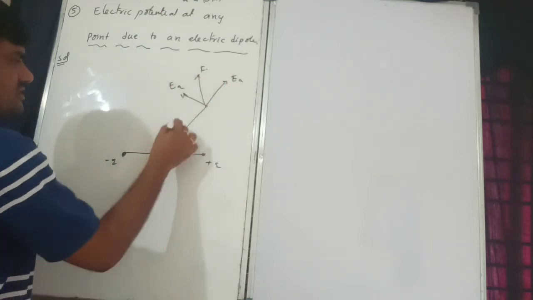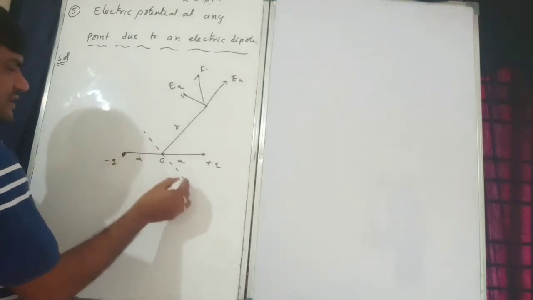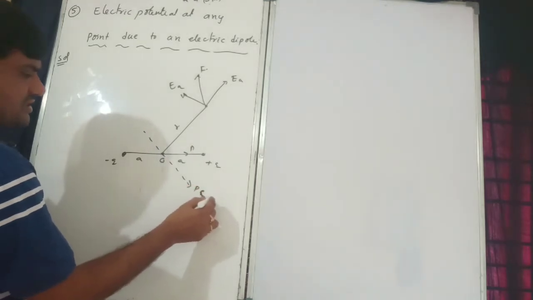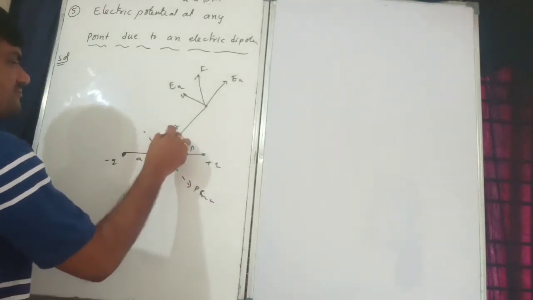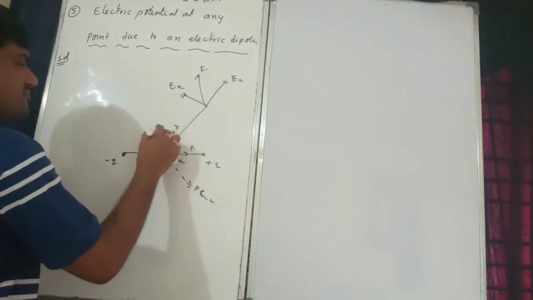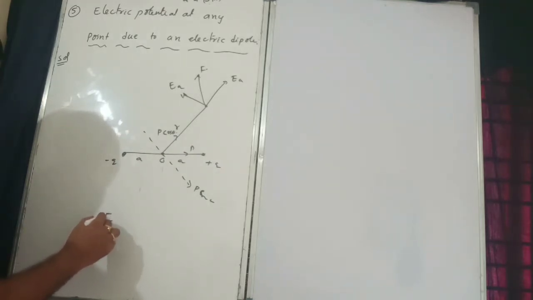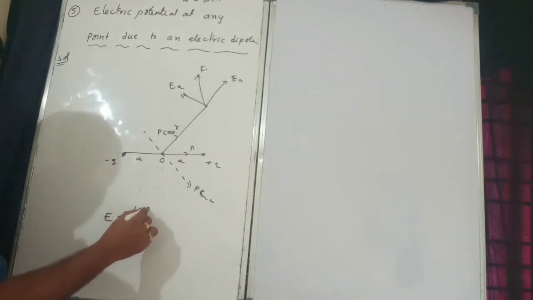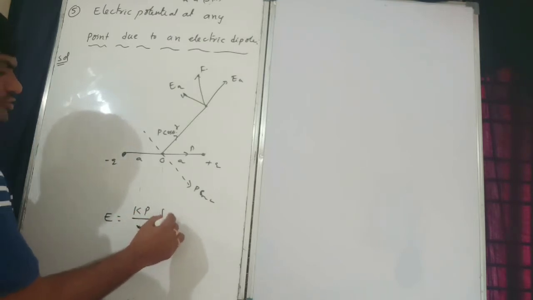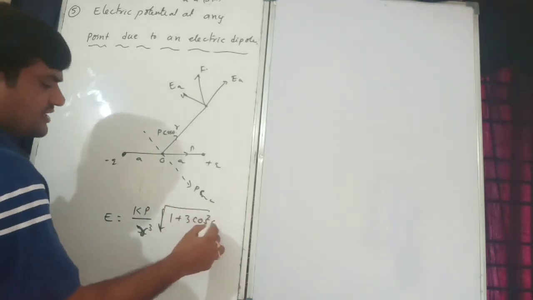This is the O, this is the r, this is the a, the total distance. This is the P, P cos theta, P sin theta. E is equal to kP divided by r cube into root over 1 plus 3 cos square theta.